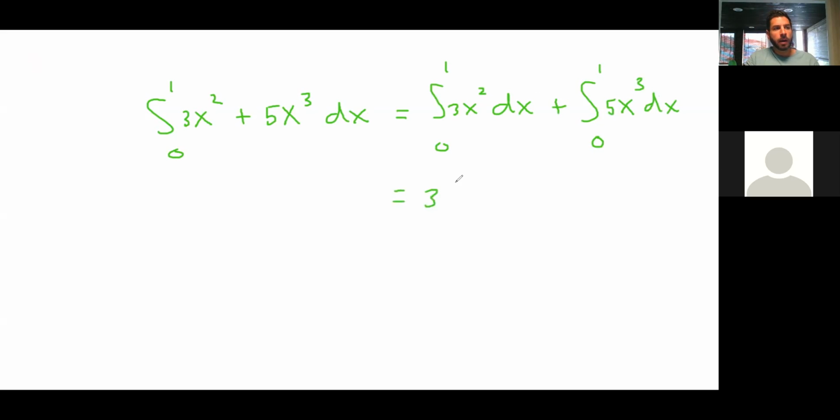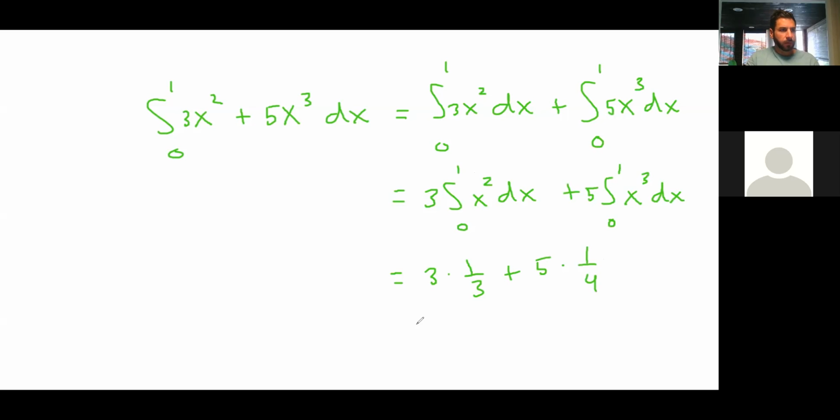Then I can pull out my constants. Then, of course, this is 3 times a third plus 5 times a fourth. Which is 27 over 12.